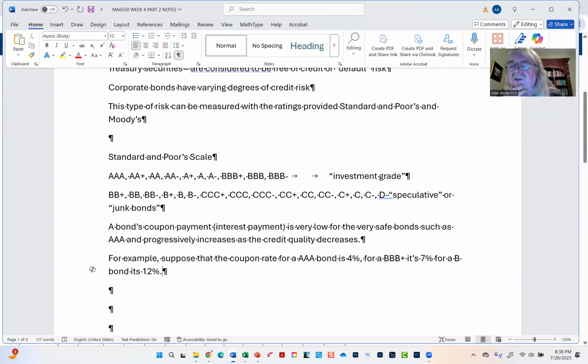In fact, studies have shown that default of these bonds is actually much lower than you would expect based on these credit ratings. In other words, there's a bias in these ratings towards overstating the risk of the bond. There's maybe not so much risk as it appears from looking at these terrible ratings.